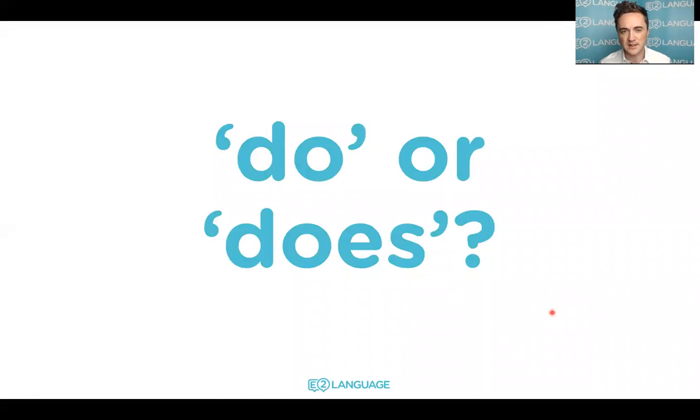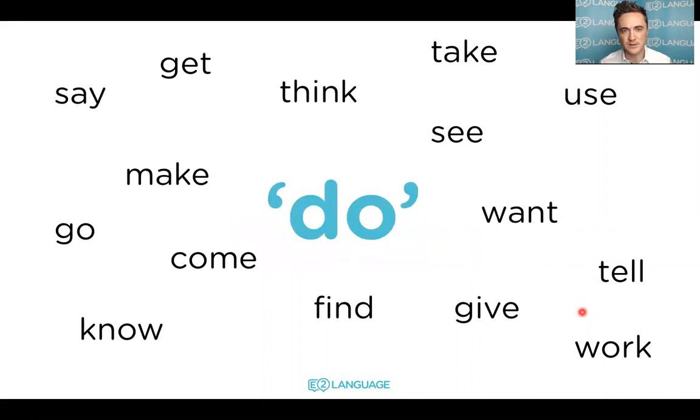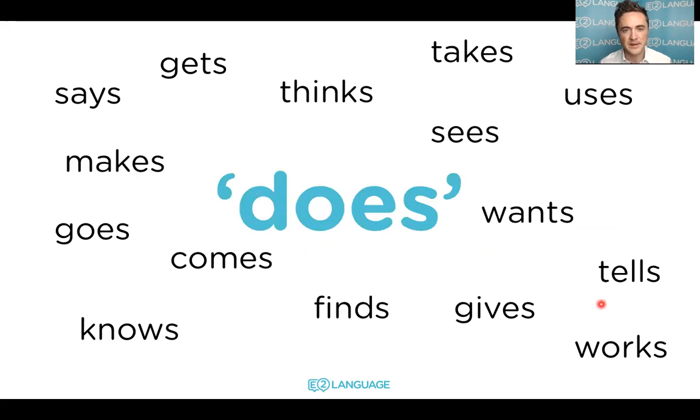Which one? Do or does? So let's look at all the do verbs: get, think, see, want, find, come, make, go, know, give, work, tell, etc. And these can also change into does. So instead of get, it says gets. Think, thinks. See, sees. Takes, wants, tells, works. So essentially what happens is you put an S on the end of this verb, right?